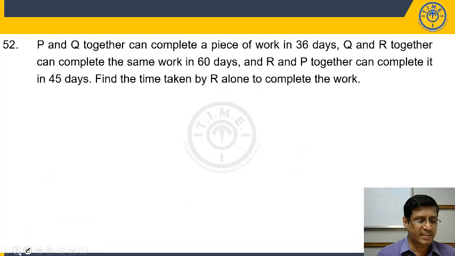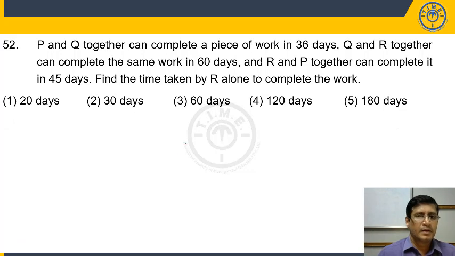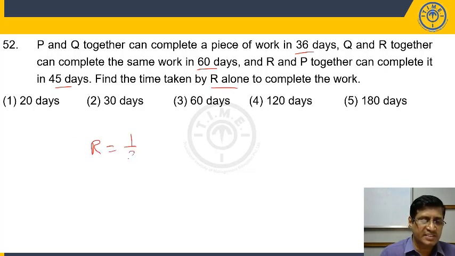Look at the next example. P and Q together can complete the work in 36 days. Q and R in 60, R plus P together in 45 days. What we need to find? R value. So how to find the R value means just subtract the P and Q from Q and R and P value.